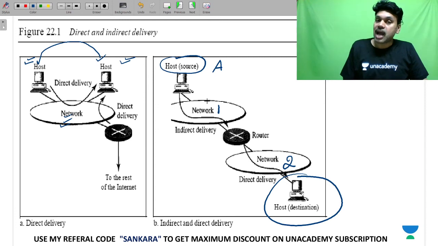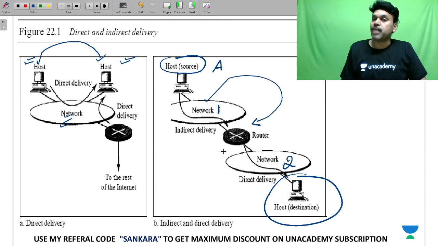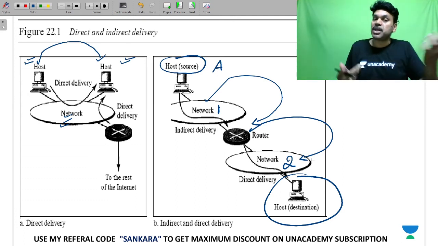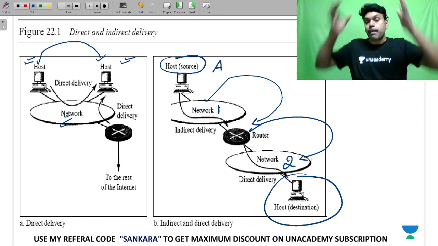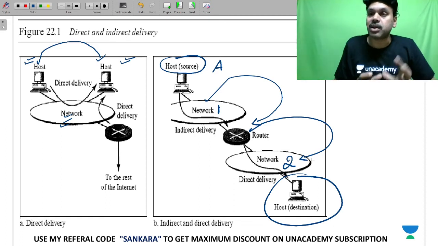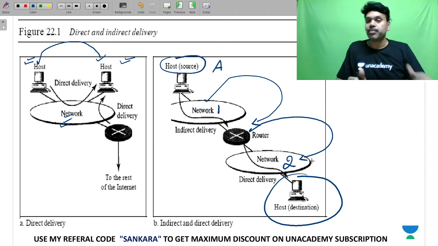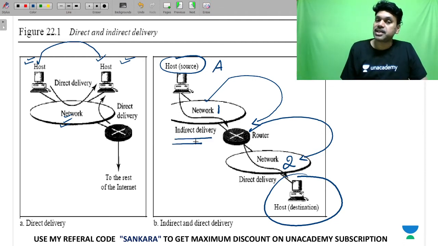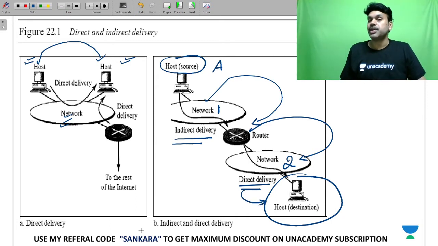That means I will give the data to my CR, and my CR will give the data to the other class CR, class representative. Then he is going to hand over the data to the others. So indirect delivery is happening between your sender and the receiver, but the last receiver is going to take a direct delivery only. So from here to here it is indirect delivery, but the last network, to which the destination belongs, is direct delivery only.